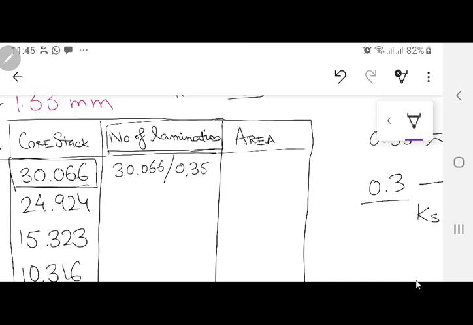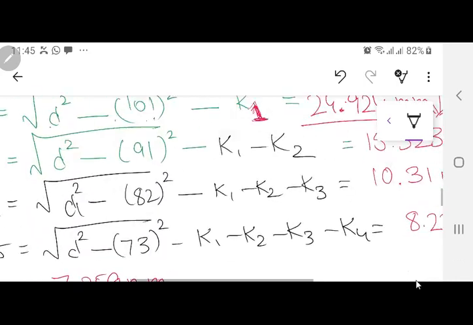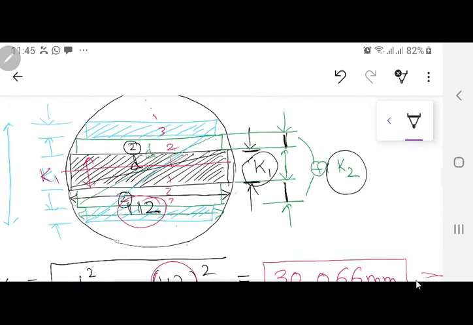Now a value of 41 is not going to be bifurcated into two parts. Why? If I go back to your diagram, for the first step all the laminations are stacked together, no problem. But when you are talking about the second step, K2, which we have found, is this thickness plus this thickness.